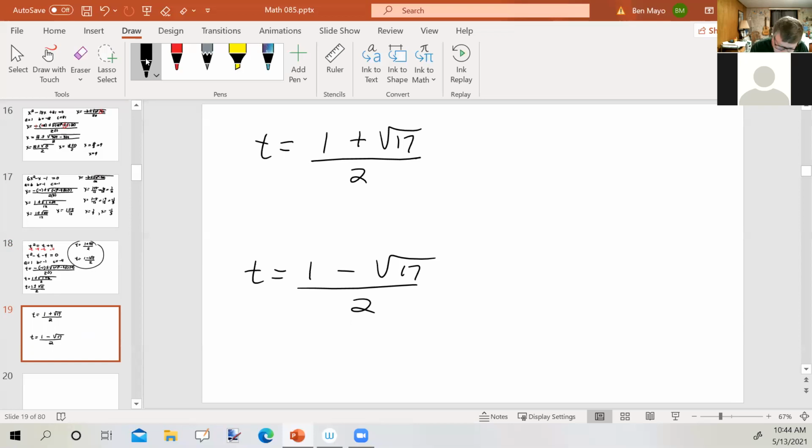So on my calculator, I'm going to start out by putting a left-hand parenthesis, then a 1 plus the square root symbol, which is going to give me this. Then I'm going to put a 17 in there. Then I'm going to close that up. And then I'm going to close up the entire thing. In fact, I want to go back and do this.